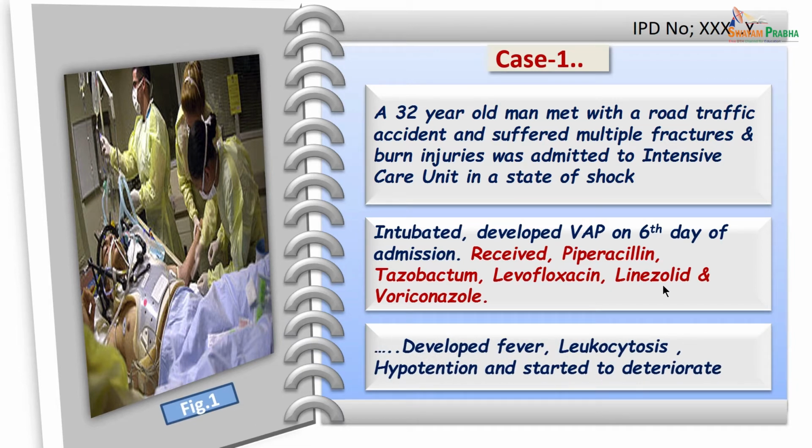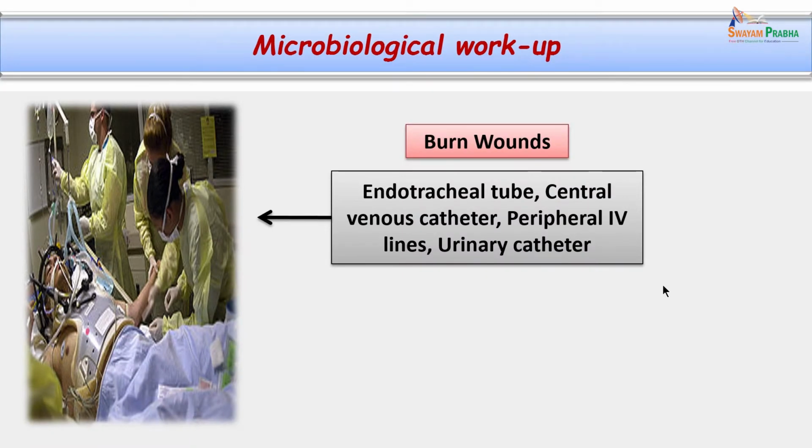In spite of this broad spectrum antibiotic therapy, he started developing fever on the 8th day of treatment, and the fever continued. He also developed leukocytosis, went into hypovolemic shock, and the condition of the patient started to deteriorate. This patient now in the hospital had all kinds of complications.